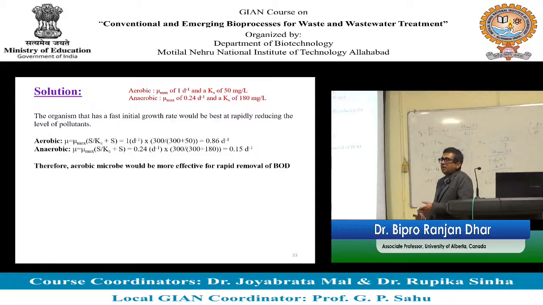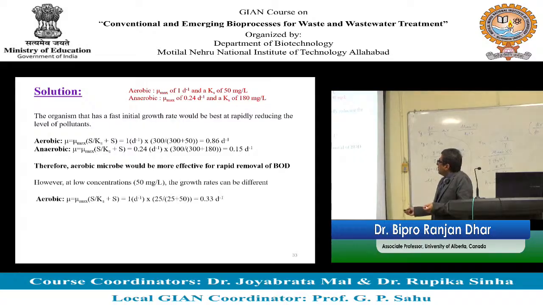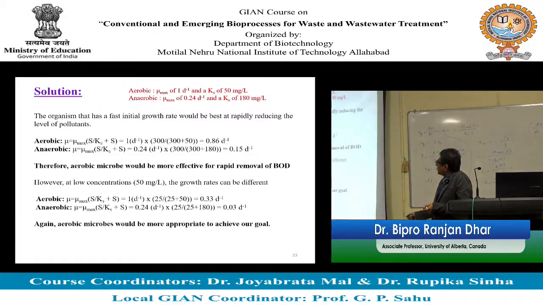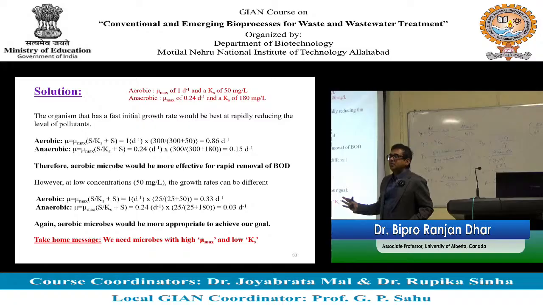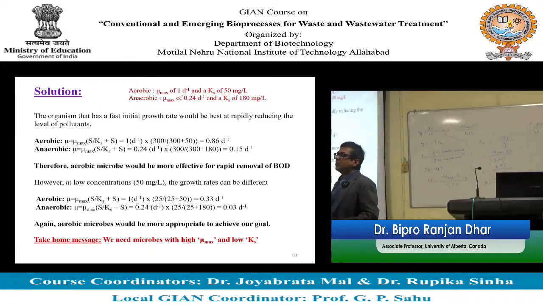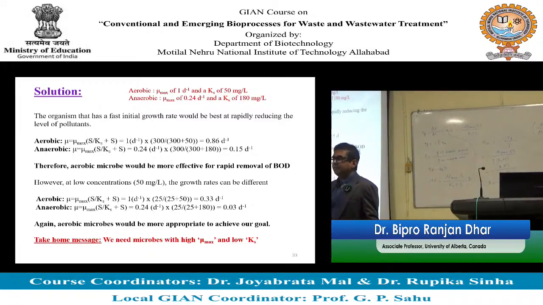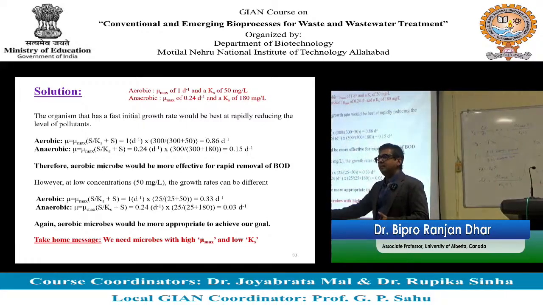At low concentration, like 50 or 25 milligram per liter, it's going to be the same. So the take home message from the kinetics is we need microbes with low Ks and higher mu max, to have an efficient treatment process.